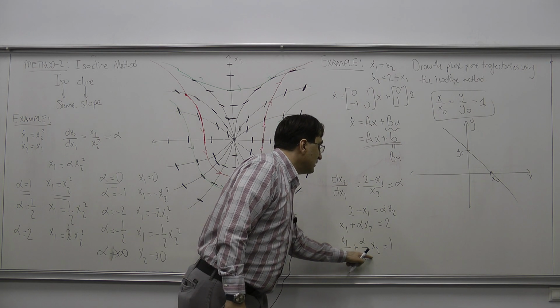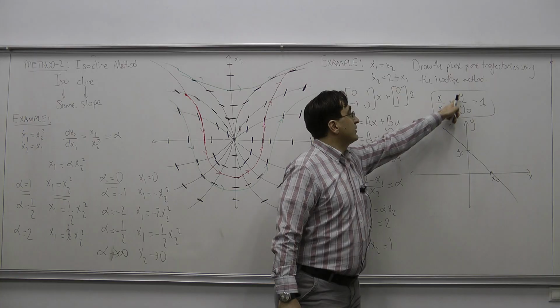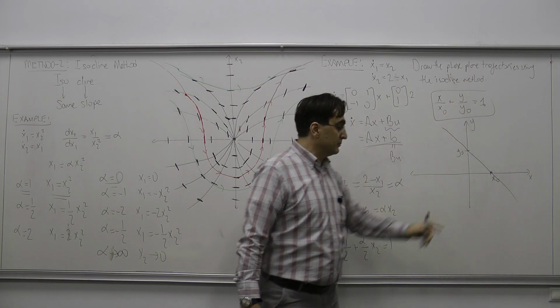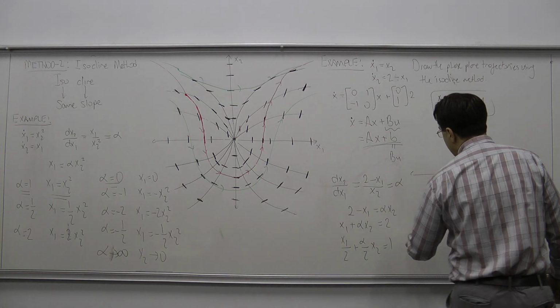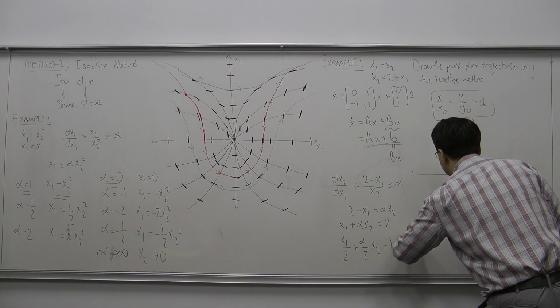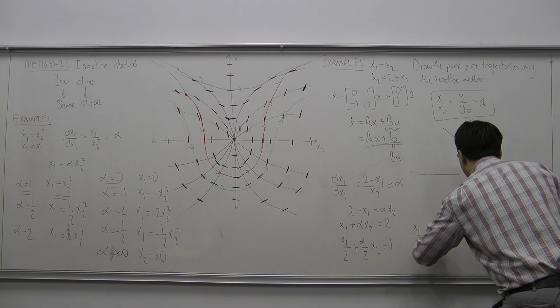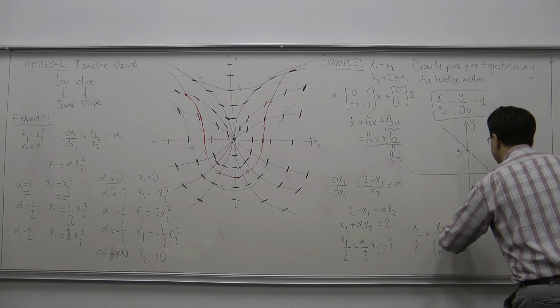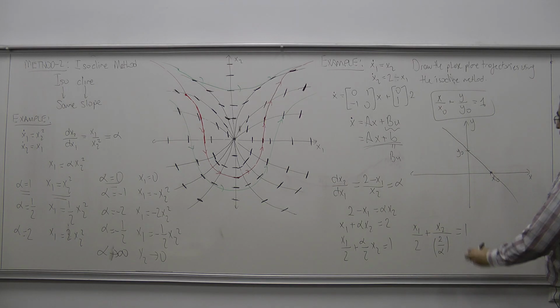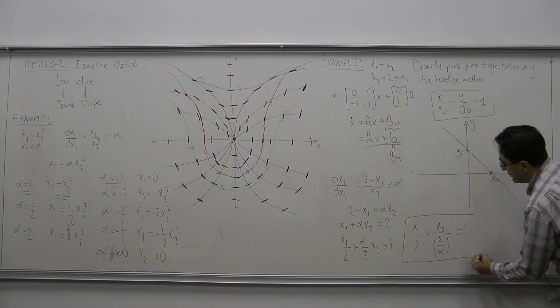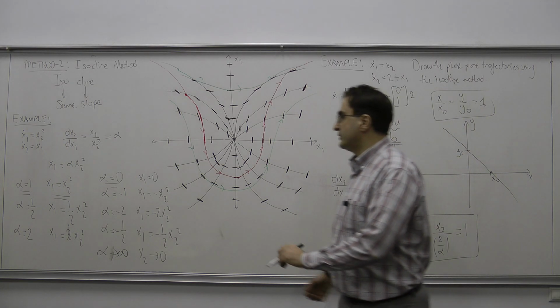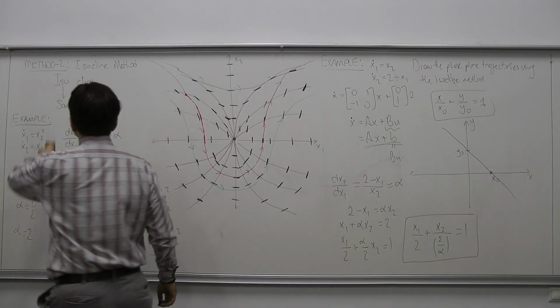I want it in this form, x2 divided by the intersection point. So I write this equation in the following form: x1 over 2 plus x2 over 2 over alpha is equal to 1. So this is going to be the standard line equation that we are going to use.